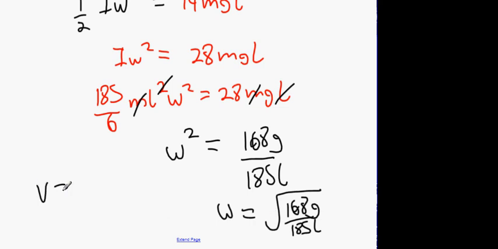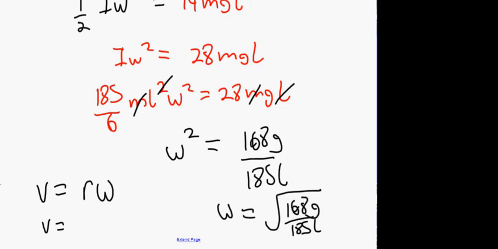So speed is how fast am I going at that point in time. And remember, speed is R omega. So what's the radius length again? Can anybody tell me? It's going to be 5L.